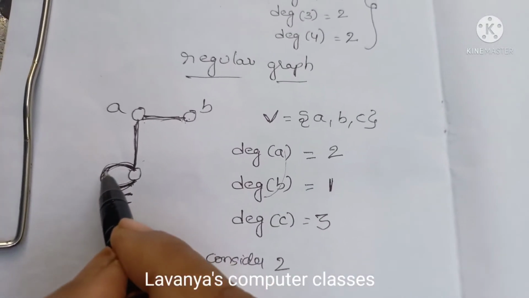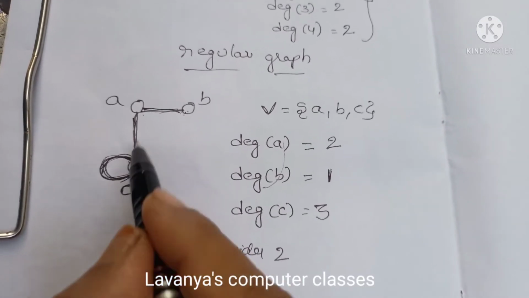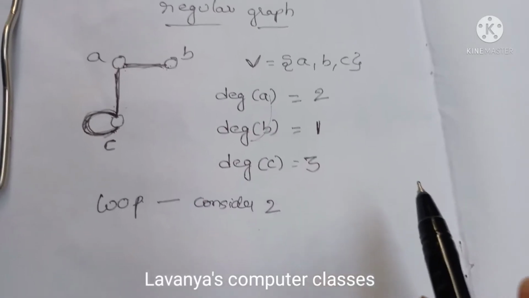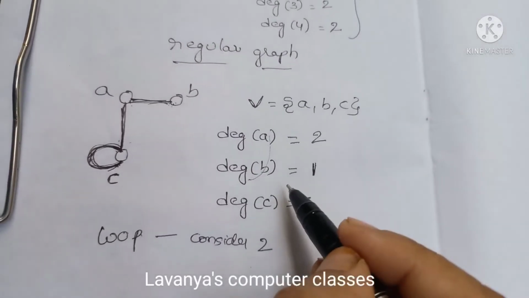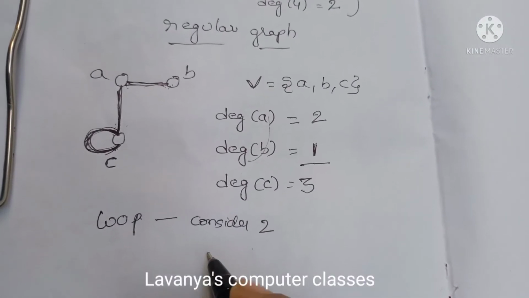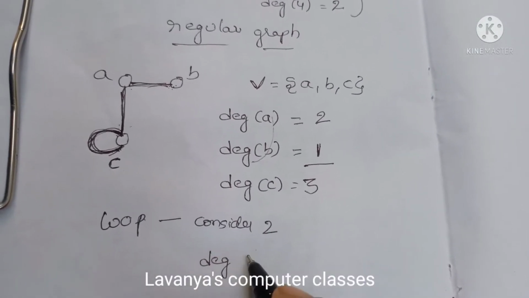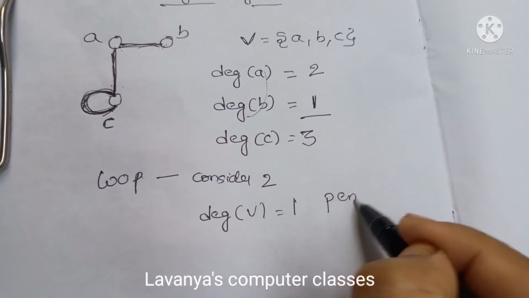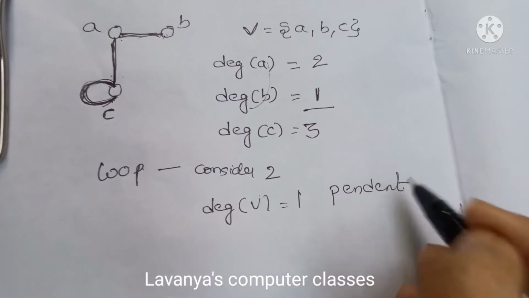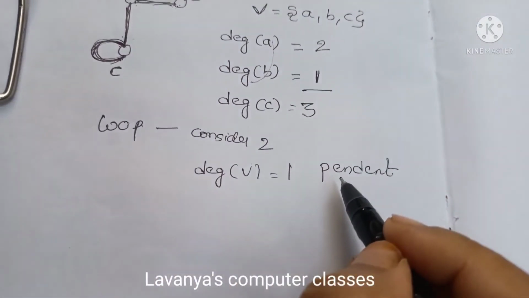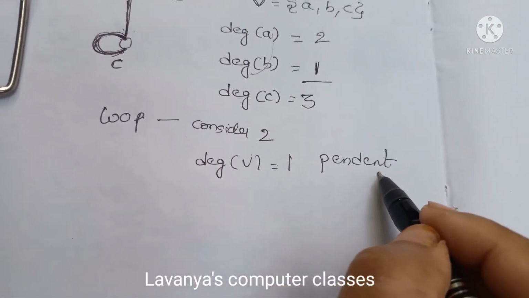C contains one loop, which counts 2, and one more edge, so the total degree is 3. Like this we can calculate. In this example, degree of B is equal to 1. Whenever the degree of any vertex is 1, that is called pendent.